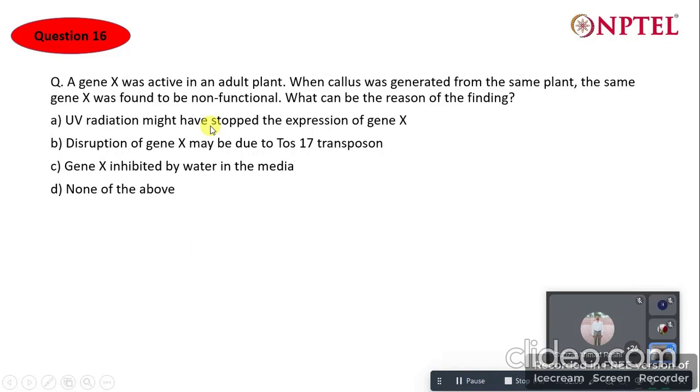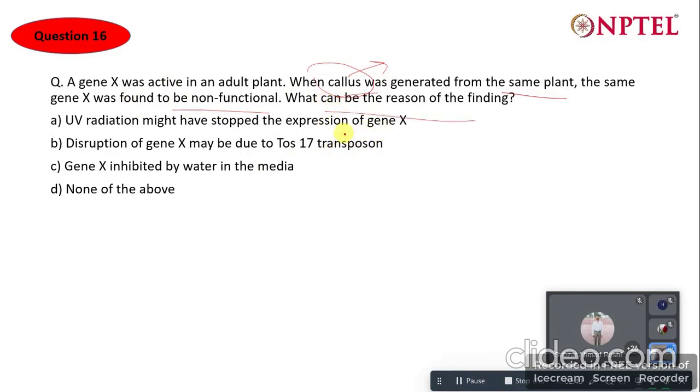Yeah. So question 16 says a gene X was active in an adult plant, but when the plant part was grown in tissue culture and callus was generated from the same plant, the same gene X was found to be non-functional. So what can be the reason for the finding?